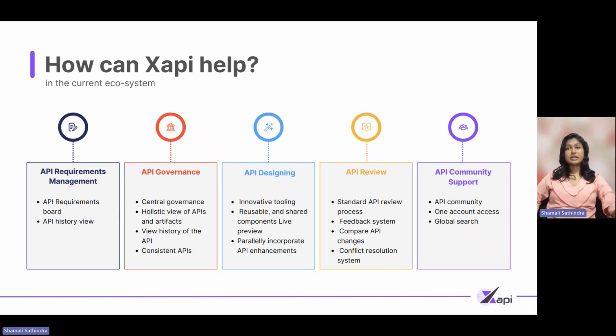Xapi tackles a range of obstacles that arise in the realm of API requirement management, API governance, design, review, and community support. To effectively address these challenges, Xapi has implemented various strategies throughout the distinct phases of the API design first process. Now, let's dive into each of these phases for more details.